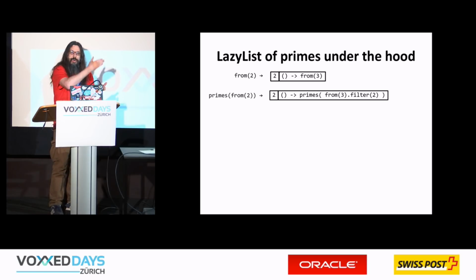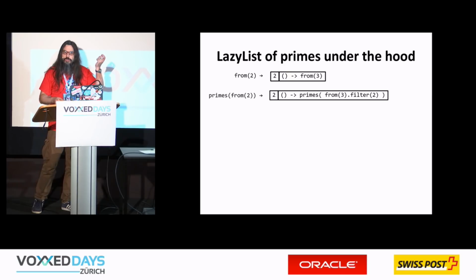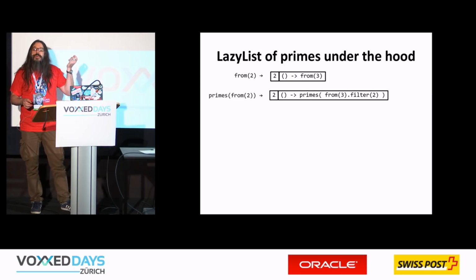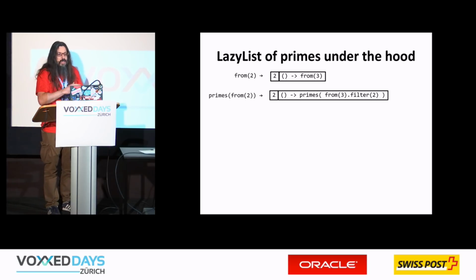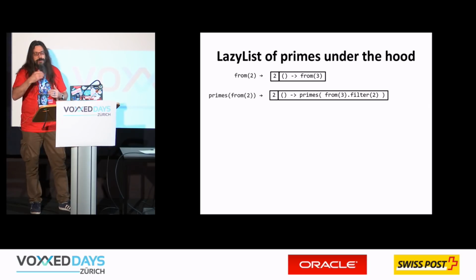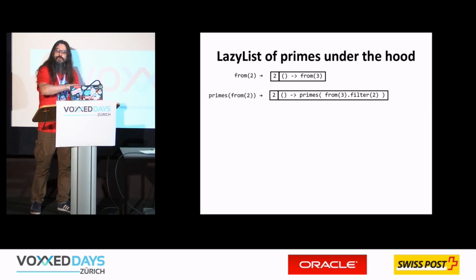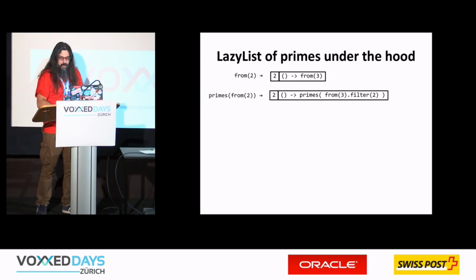Filter this list with only the primes, and the result will be the 2, because 2 is a prime, and then the test will be true. And then I have a supplier of the list of items starting from 3 filtered by 2, because if you remember, filter calls itself but in a lazy way.